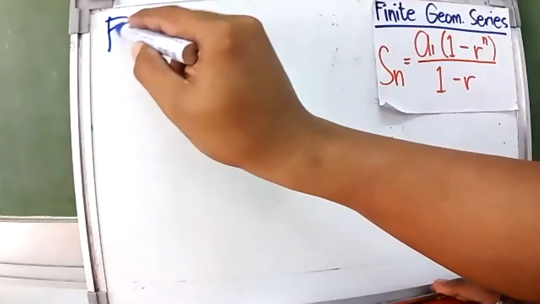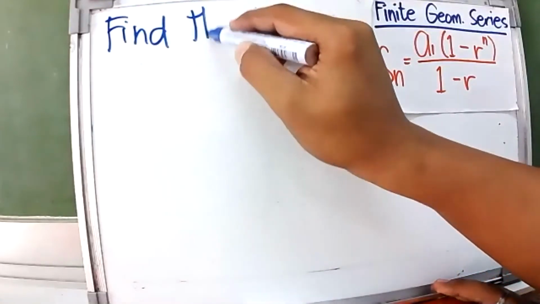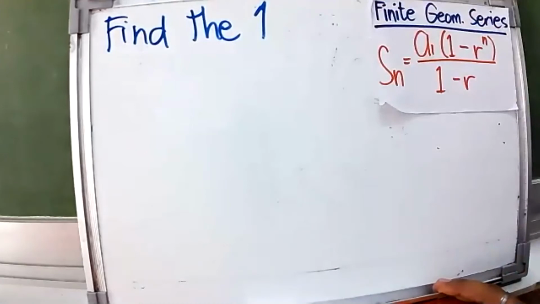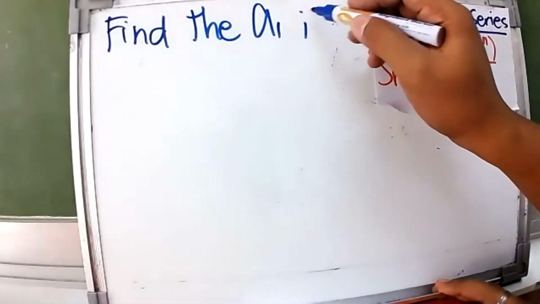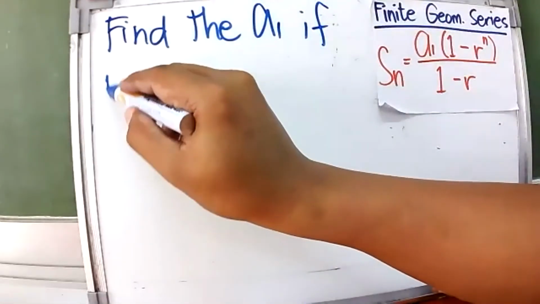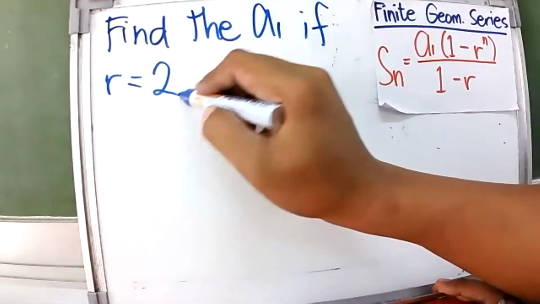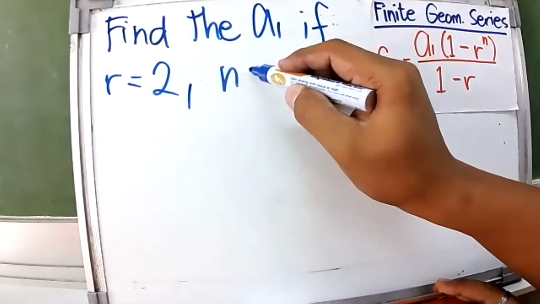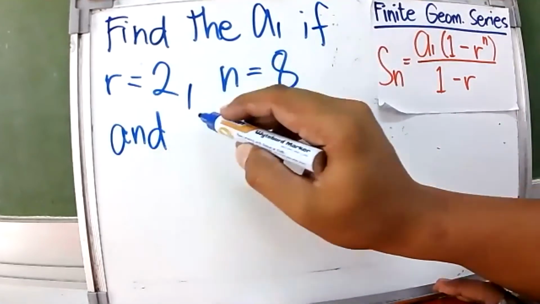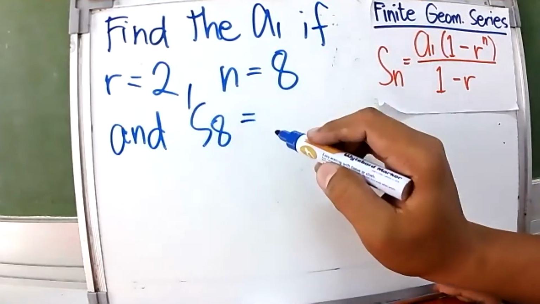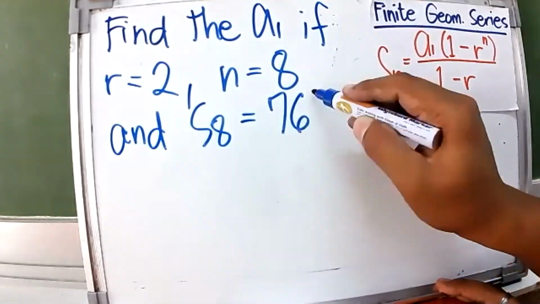Find the first term. A sub 1 na lang para cute. A sub 1 if R is 2, N is equal to 8, and S sub 8 is equal to 765.